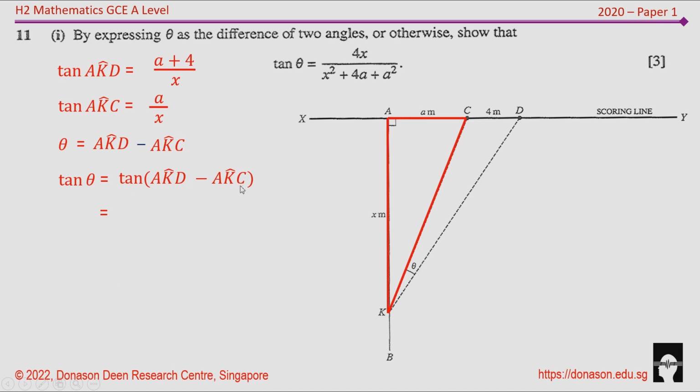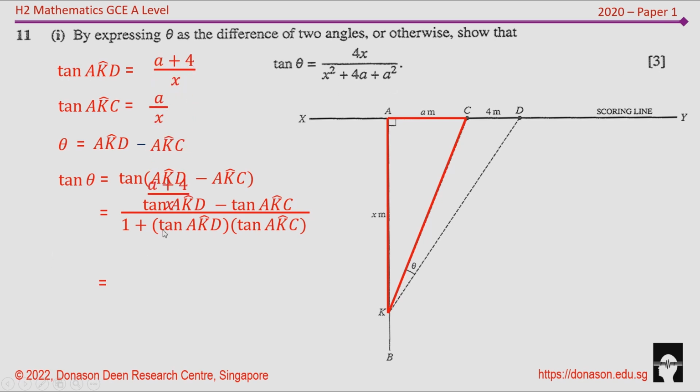Of course this is the compound angle formula, like tan of A minus B. If you open up the brackets, it becomes tan A minus tan B over 1 plus tan A tan B. You should remember that from your identities. We already have tan AKD and tan AKC, so all that we need to do is plug them in and simplify until it reduces to this form, and that would give you 3 marks.